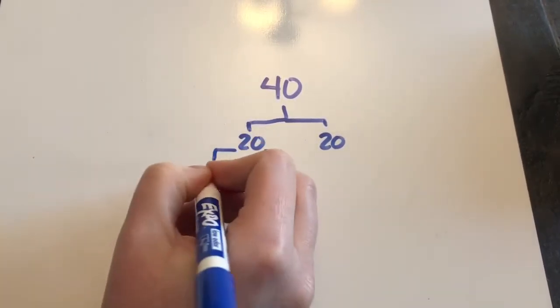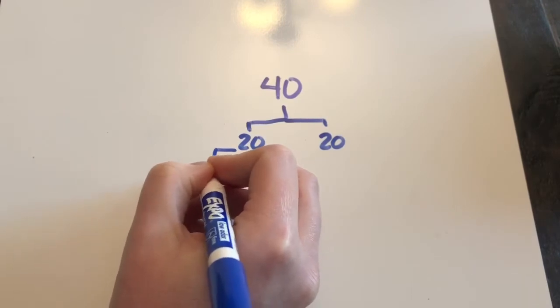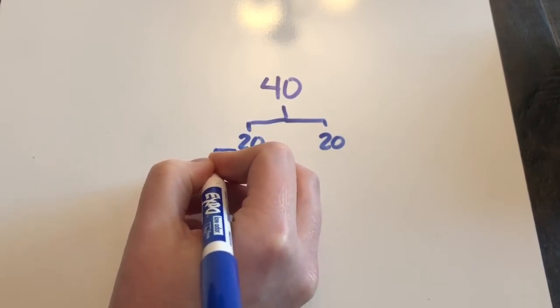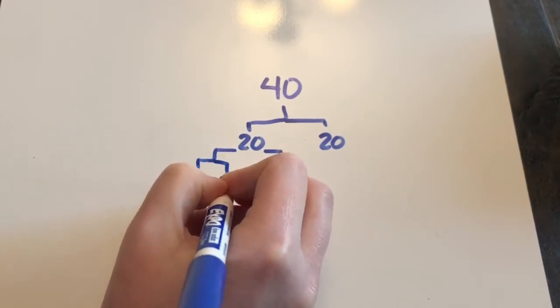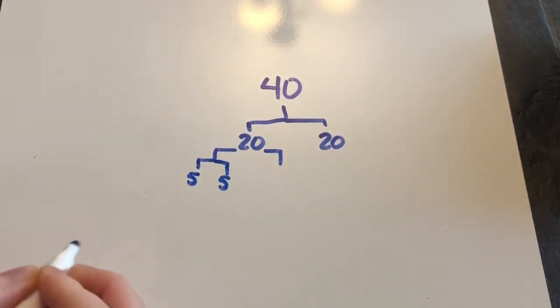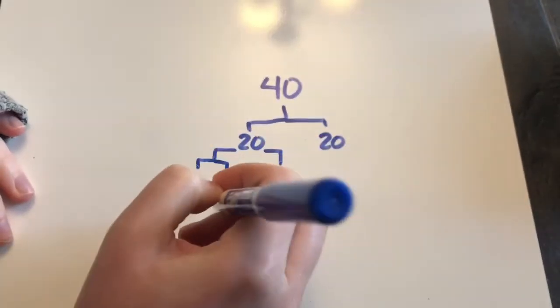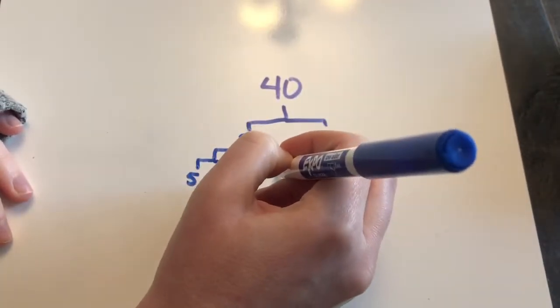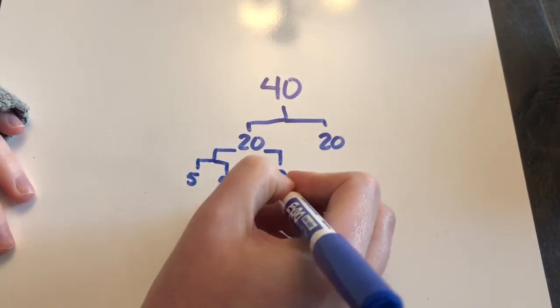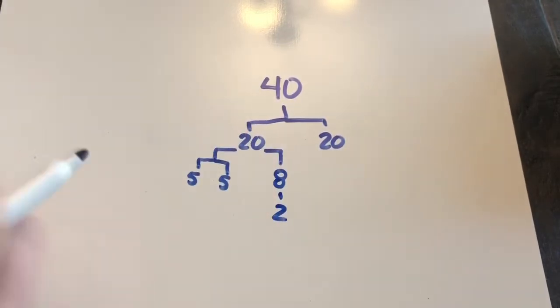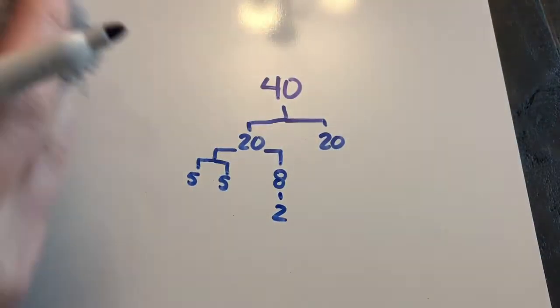I could put a 5 and a 5 over here, and that would still balance. And then I could make this side an 8 and a 2, right? But the idea is that it always stays balanced.